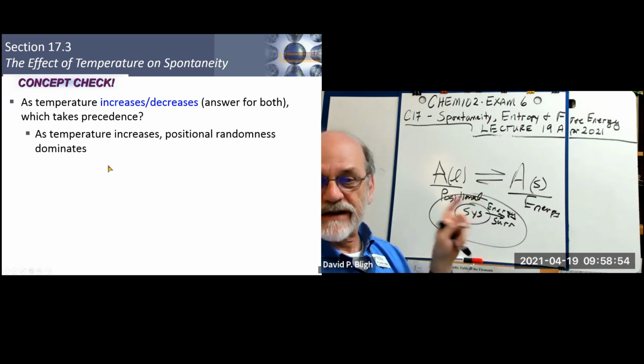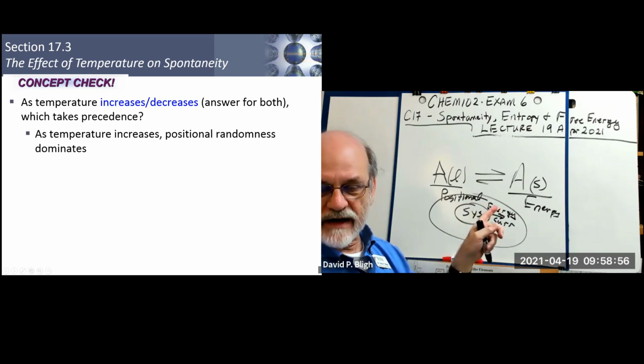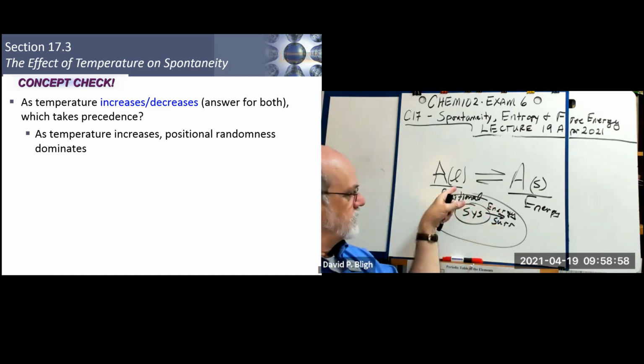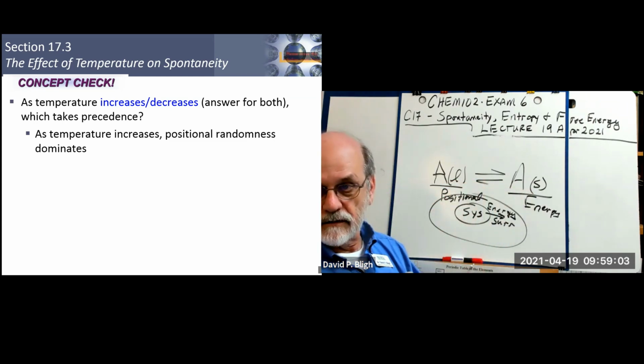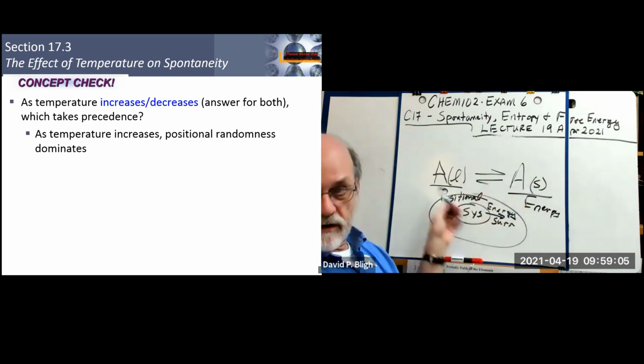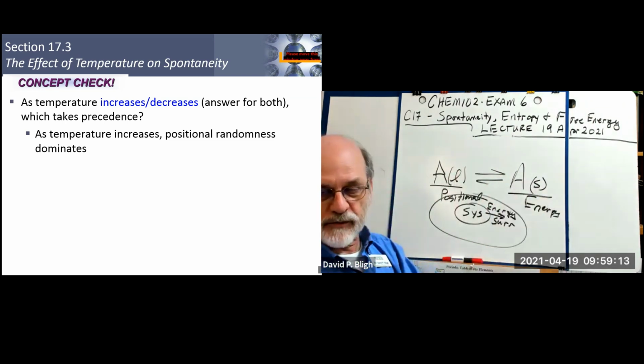Well, as temperature increases, positional randomness dominates. This movement is favored. Now, this is our sample system, but it doesn't have to be this transition. Now we're broadening our perspective.